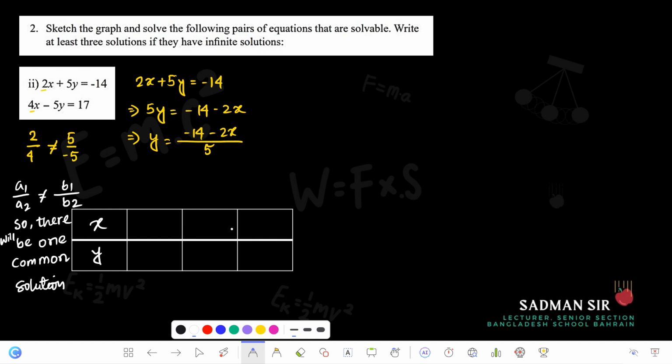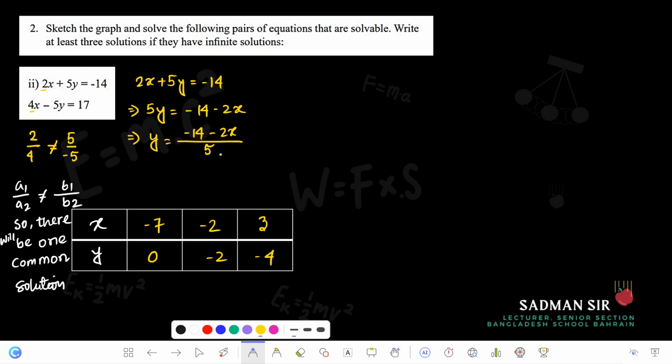So if I take the value of x as minus 7, I will get the value of y as 0. Then for minus 2 I will get the value of y as minus 2, and if I take the value of x as 3, I will get the value of y as minus 4.